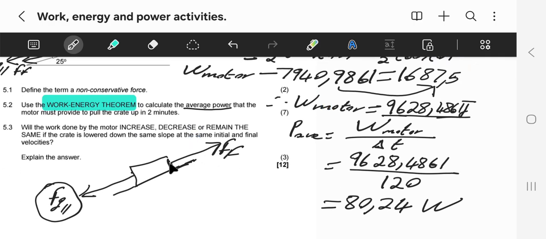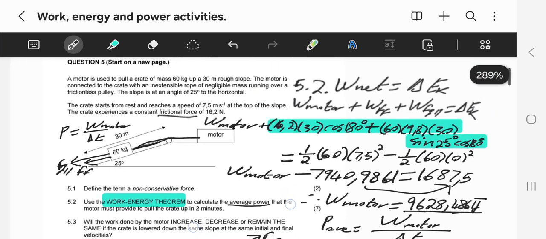The motor won't have to now do too much work. Why is the motor not going to do too much work? It's because the motor no longer has to fight two forces that are trying to fight it from doing its work. It was two forces, that was the force of gravity parallel and the force of friction when it was moving upwards. Yeah, let me show you this diagram here.